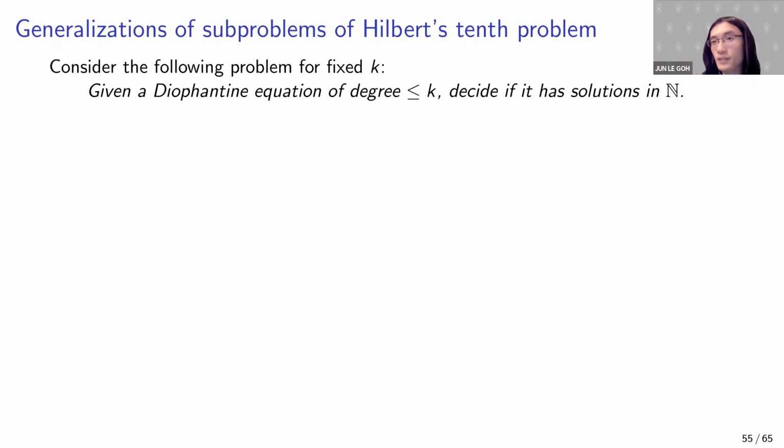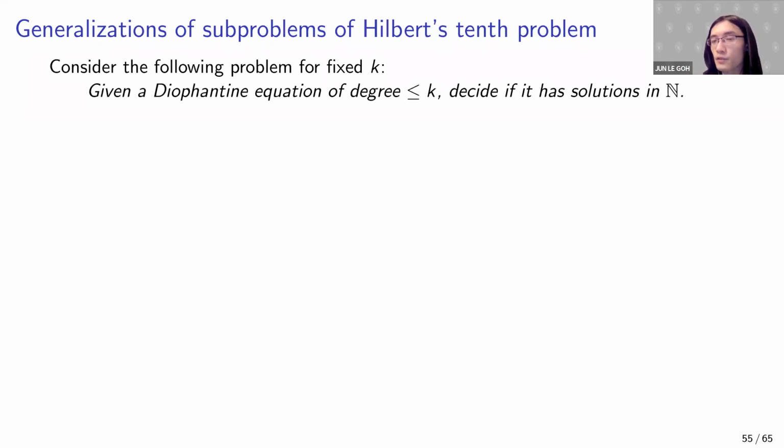Now, this sounds very similar to Hilbert's 10 problem, but I would like to remind you that Hilbert's 10 problem, as originally stated, is asking for integer solutions, not solutions in natural numbers. Earlier in our lectures, like a week ago, we immediately changed the scope from looking for integer solutions to looking for natural number solutions.